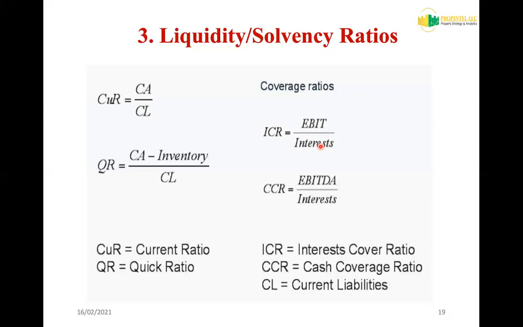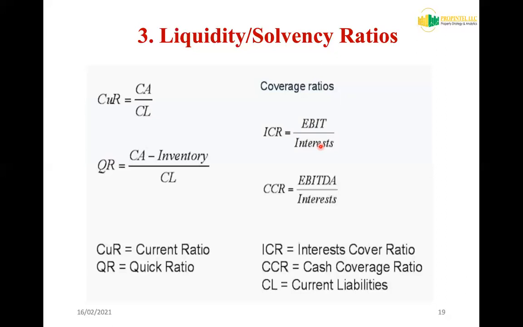The interest coverage ratio is used to determine how easily a company can pay its interest expense on outstanding debt. So the ratio is calculated once again by dividing the company's earnings before interest and tax by the company's interest expense for the same period.